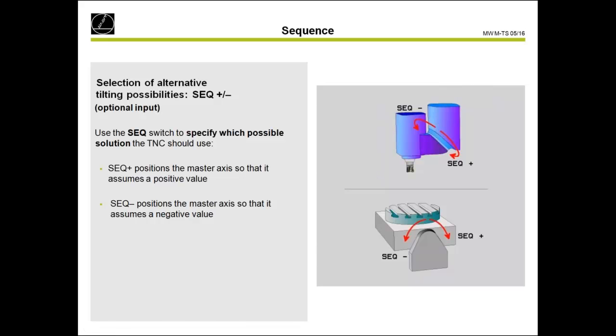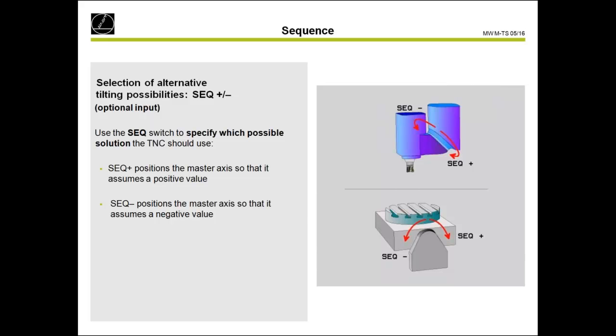You can also define after the feed rate the sequence plus or sequence minus. Sequence plus or minus says in which direction the first axis of the kinematic should go. For example, you have a table with A and C axis, and you want the table to always go backside, so in the minus direction.